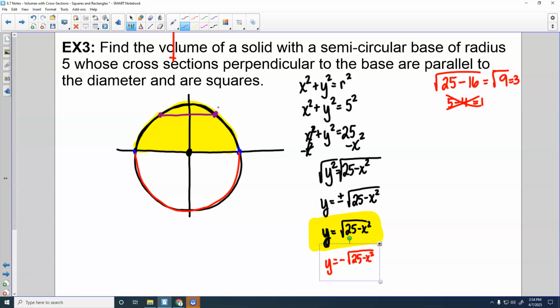It's okay. It's fine. Y's are not particularly more difficult necessarily for this. But it does mean if I'm doing this parallel to my diameter, that my cross section here is going this direction. So this would be my S right here.